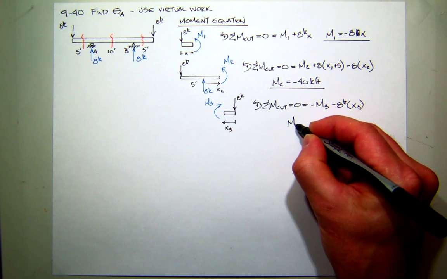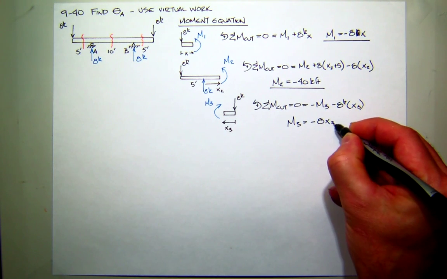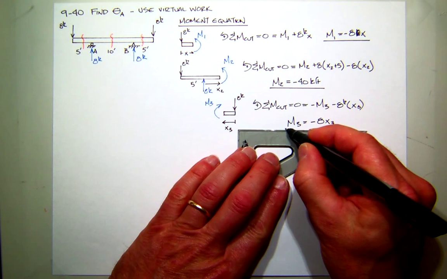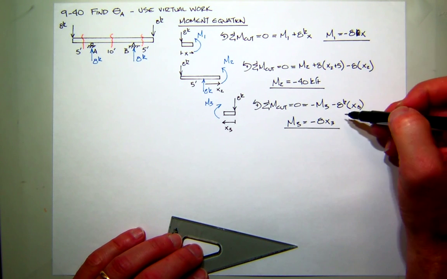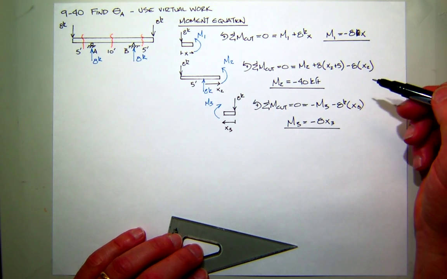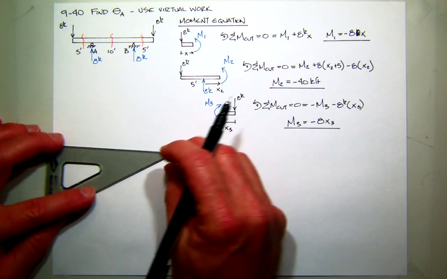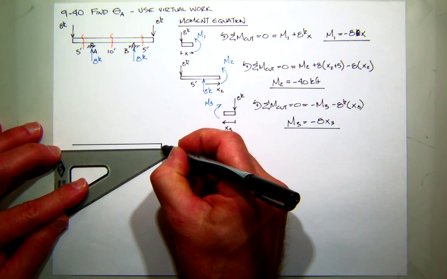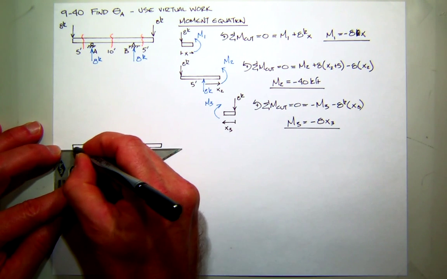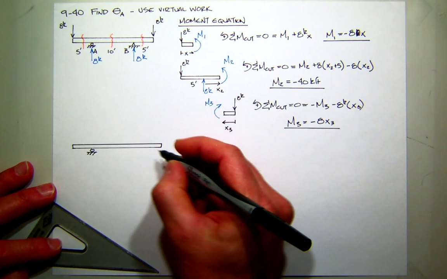So my moment in 3 is minus 8x3, which looks identical to this one, except the coordinates are different. Okay, so let's slide down here and let me redraw this beam, and we'll do our virtual system.